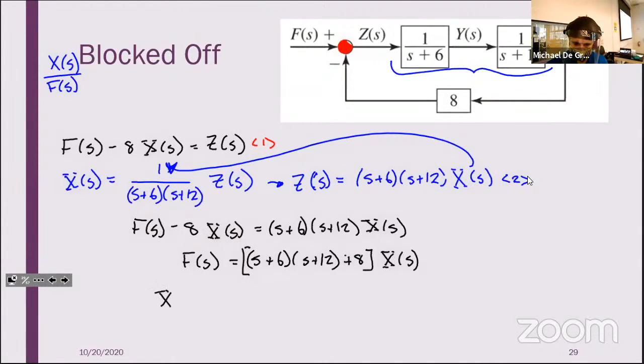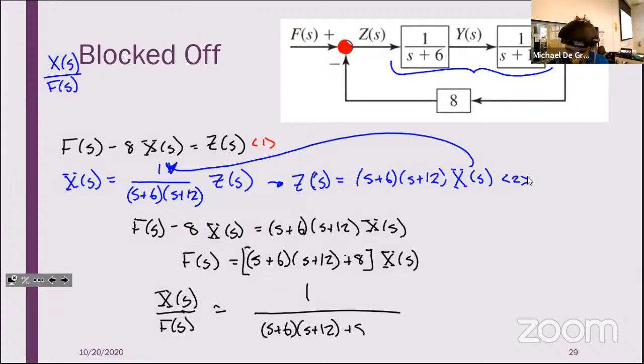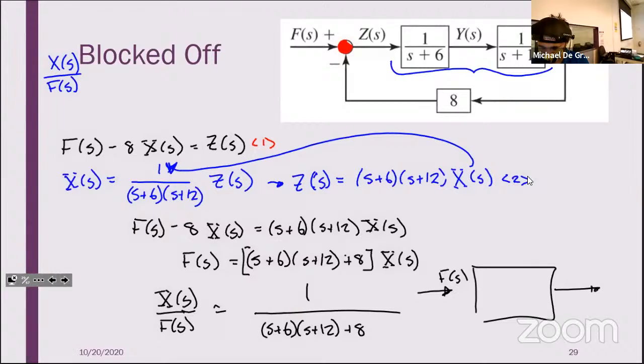And so if I make my transfer function now, I've got x over f. This is great. So that's my transfer function, so I can collapse this entire thing into a block that looks like this.